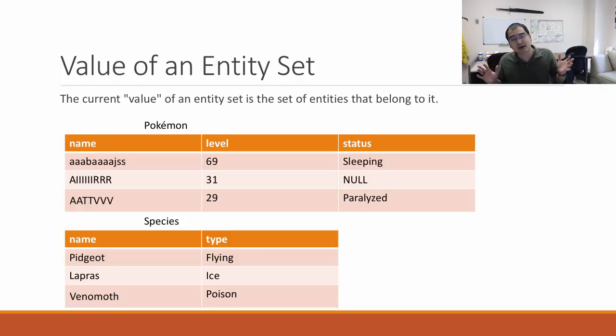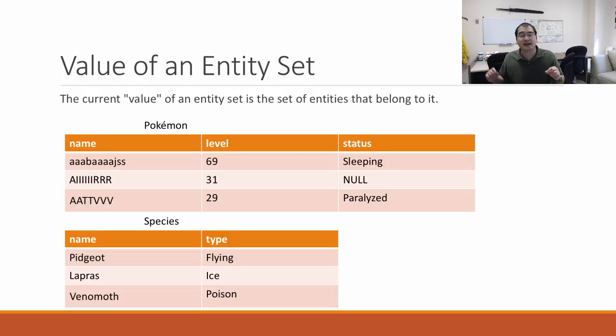We have Pokemon, which have names, levels, and statuses, and you have species, which have a name and a type. And so what this is saying is, the Pokemon named ATV has a particular level, 29. Its status is paralyzed, and in the species, we also have things like Venomoth and Poison. Now, these are, once again, values of entity sets. These are values of the entities themselves.